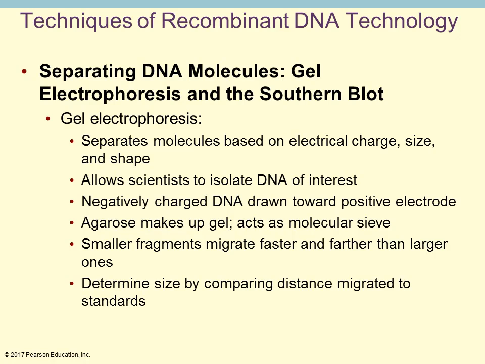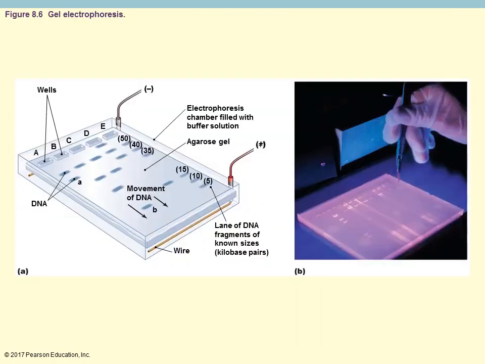And it's going to flow from one end, usually the negative, down to the positive end. Because it's moving through this gel-like structure, the larger the size, the slower it's going to move. The smaller ones move faster. So you can get a relative idea of size and comparisons by looking at this.